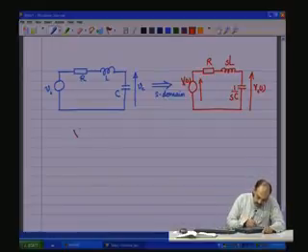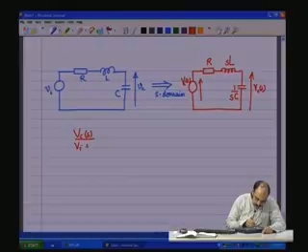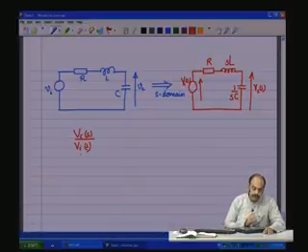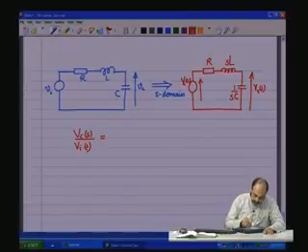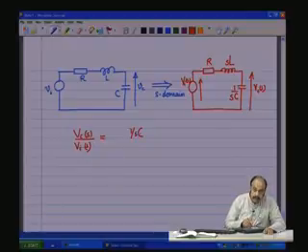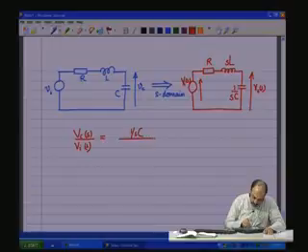So, to obtain the input output relationship, that is the gain between the output and the input, which is Vc by Vi of S, the Laplace transform of the output Vc by the Laplace transform of the input Vi, which is going to give you the transfer function, we take Vi into 1 by S C divided by all the elements in series.